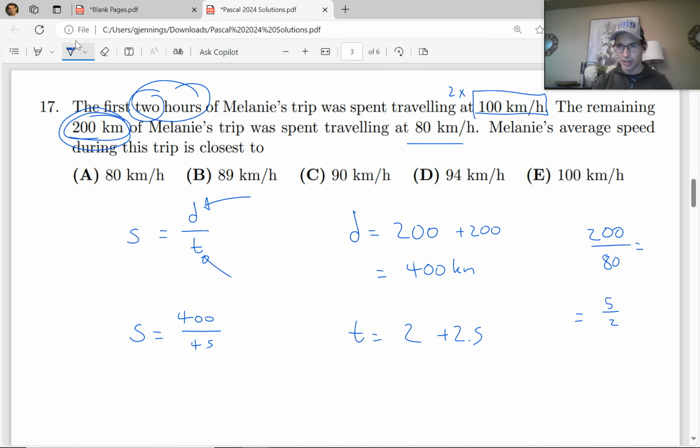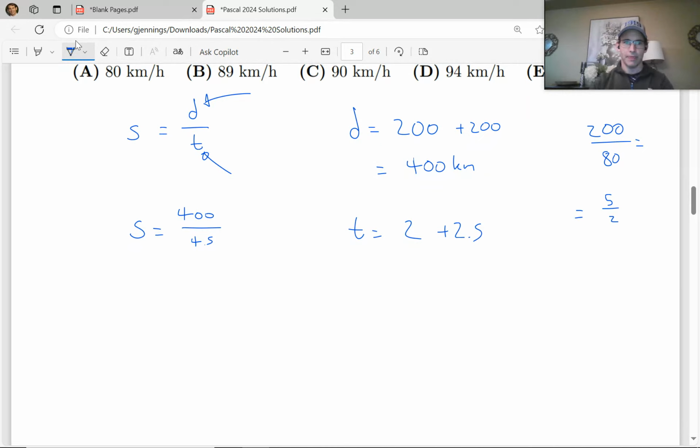And we had a calculator for this test, we don't need one here. This is how I would do this without a calculator, okay? I only really use a calculator for questions 20 and 24 on this test. So I multiply everything by 2 so that I get rid of that ugly fraction. Speed was equal to 800 divided by 9, and I just happen to know 8 on 9 times 100.